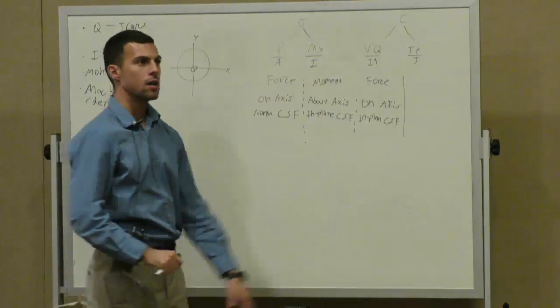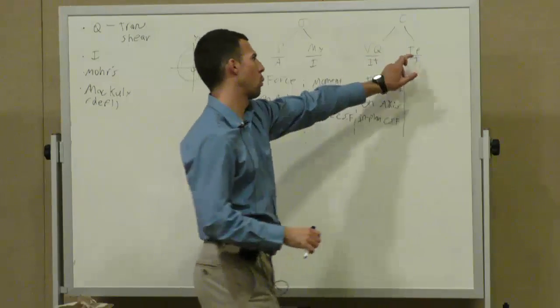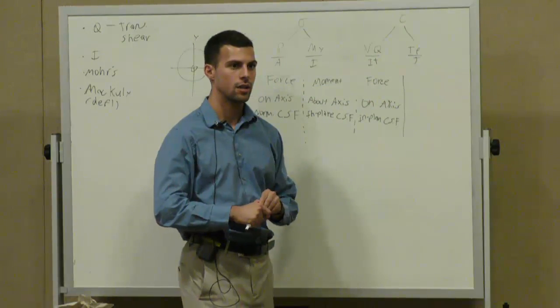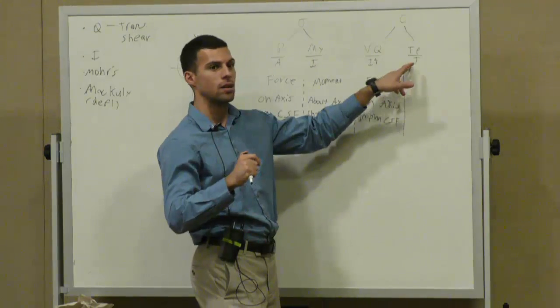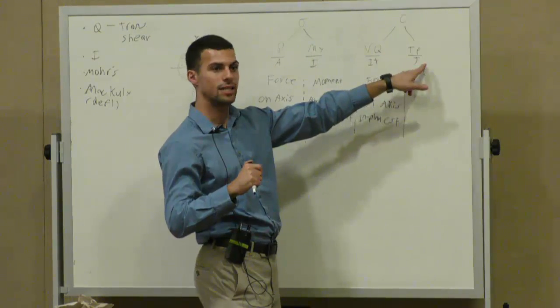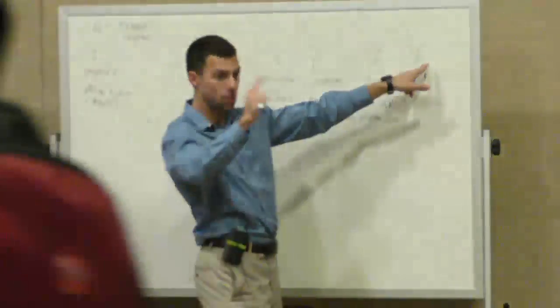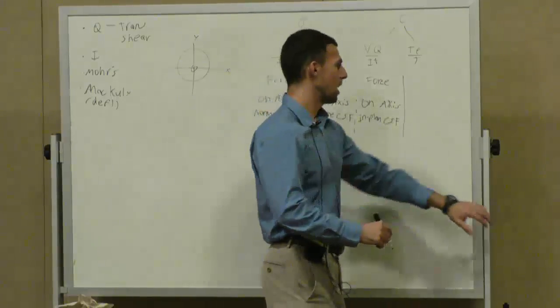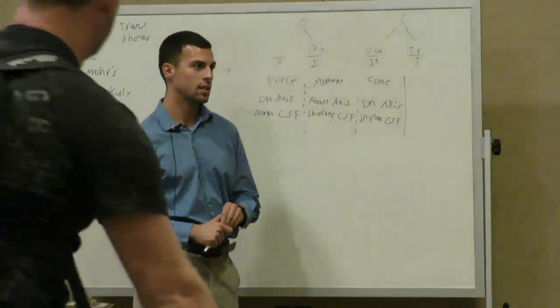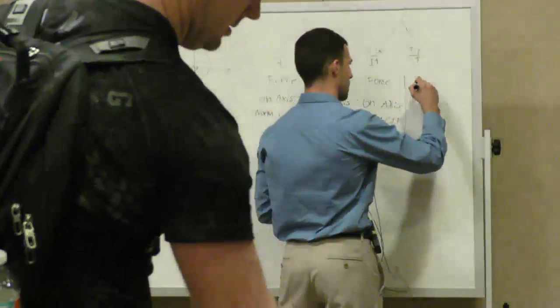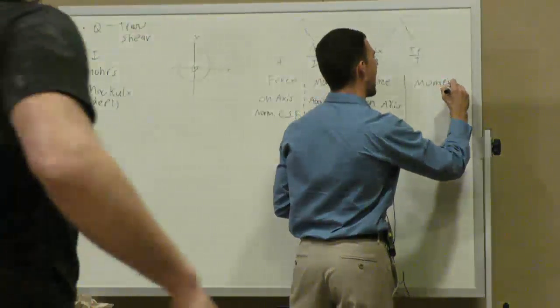Okay, so our last one is what load condition? So we just did transverse shear, so this one is torsion. Perfect, right? So what type of load causes this? Moment. And where does that moment act?